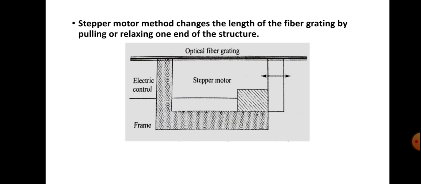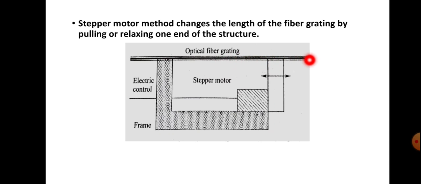Okay. The next structure is the stepper motor method. That means here we are electrically controlling this optical fiber grating by using a stepper motor. The stepper motor method changes the length of the fiber grating by pulling or relaxing one end of the structure. Here you can see that based on the electrical supply given here, the stepper motor may pull it to one side or it may pull it to the other side.